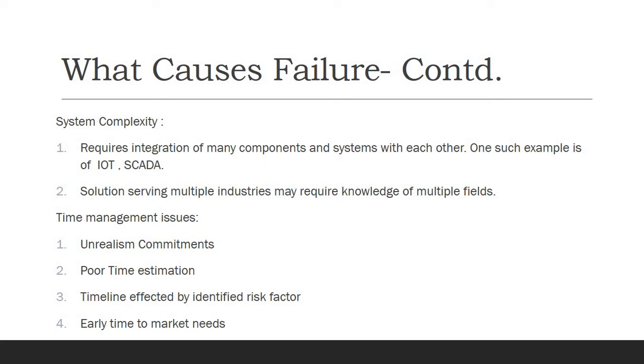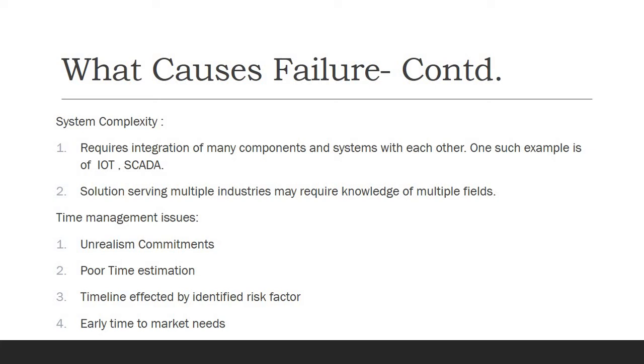Other examples are time management issues. For example, sometimes we say that we can do a piece of work, but there is no way that you can do 10 days of work in 2 days, so that means you are making unrealistic commitments. At other times you have poor time management and estimation.